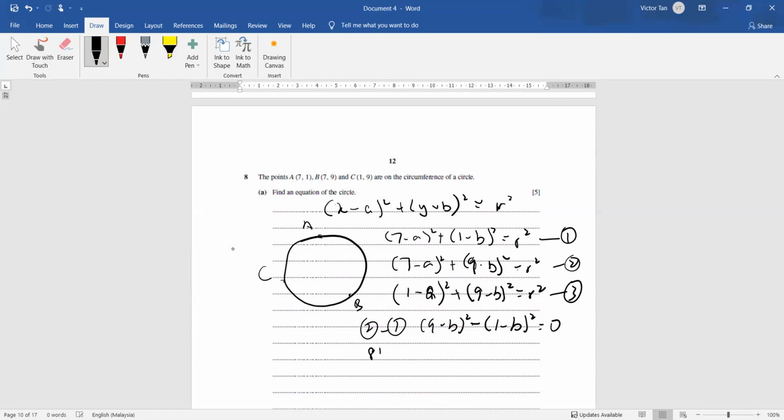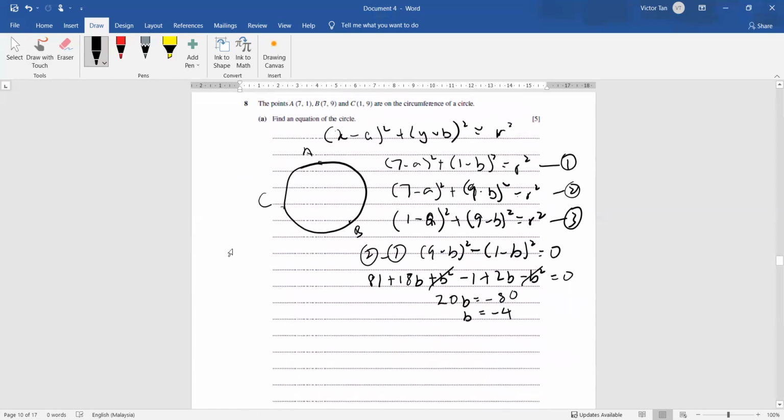So you have 81 plus 18b plus b squared minus 1 minus 2b gives you plus 2b minus b squared equals 0. So you will have an equation in b only. So this is 20b equals minus 80, b is minus 4.